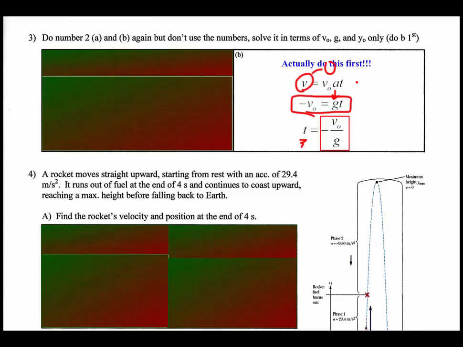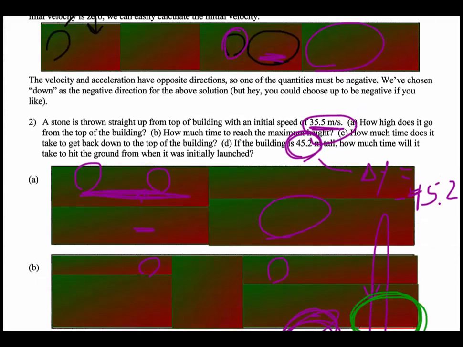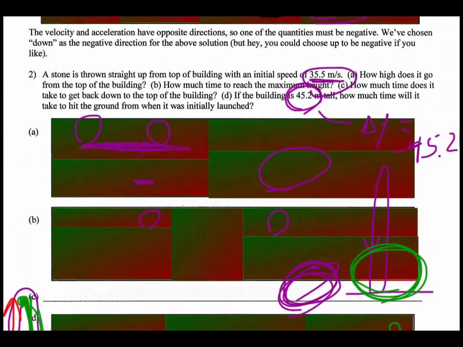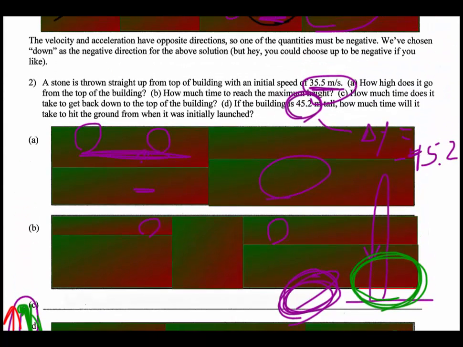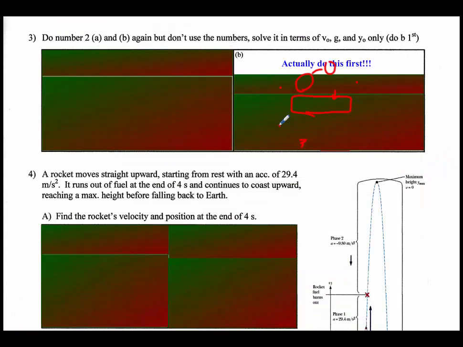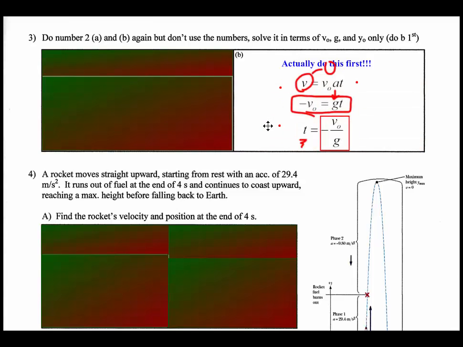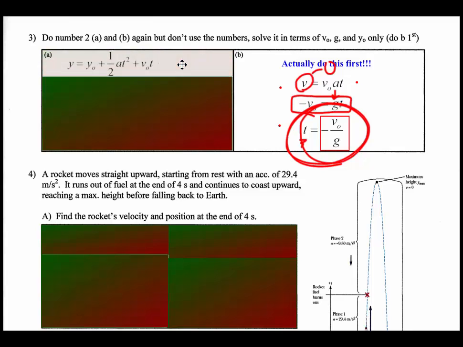So for part 1, it says, how high does it go from the top of the building? Now that we have this value for the time, we are going to need to use it over here.